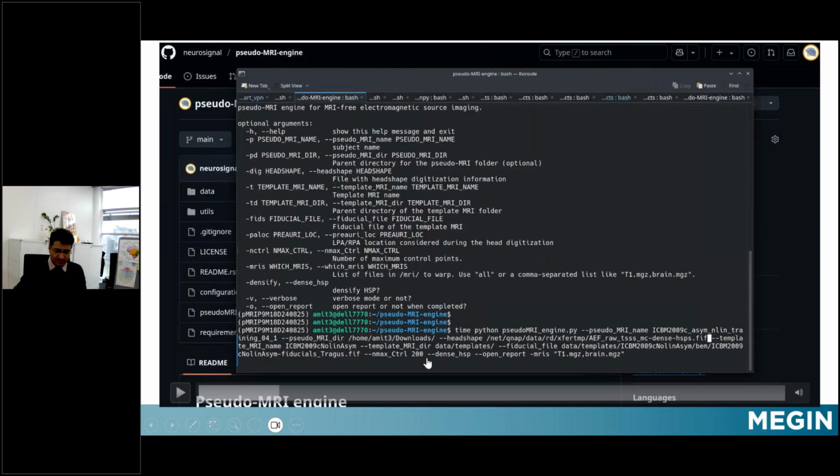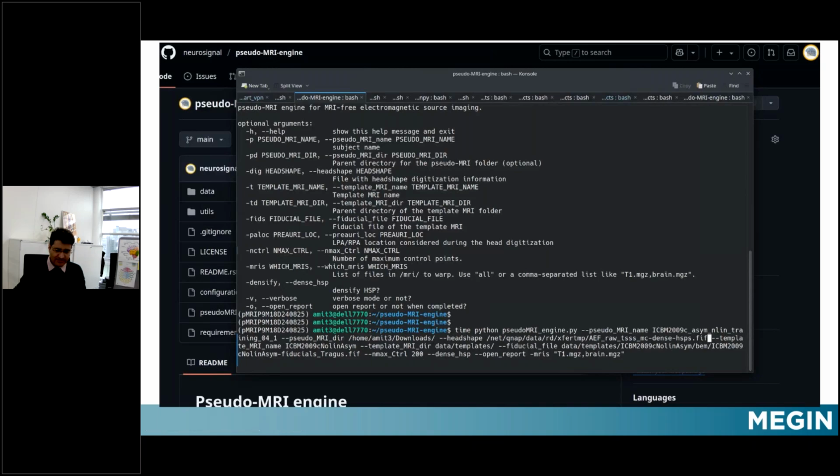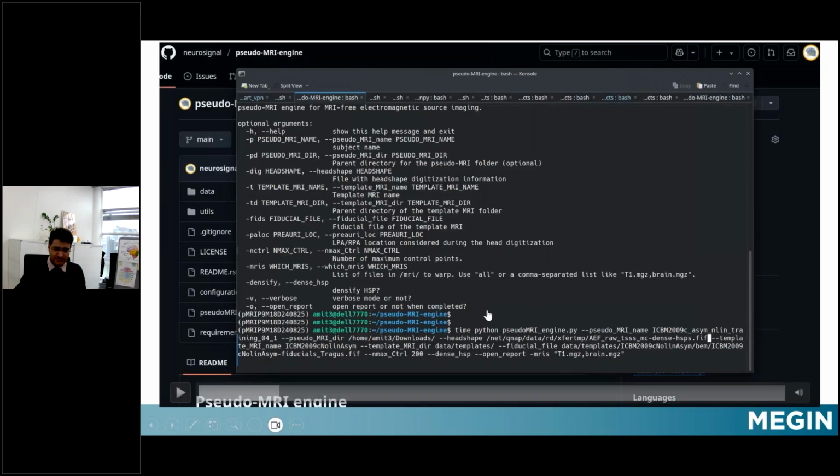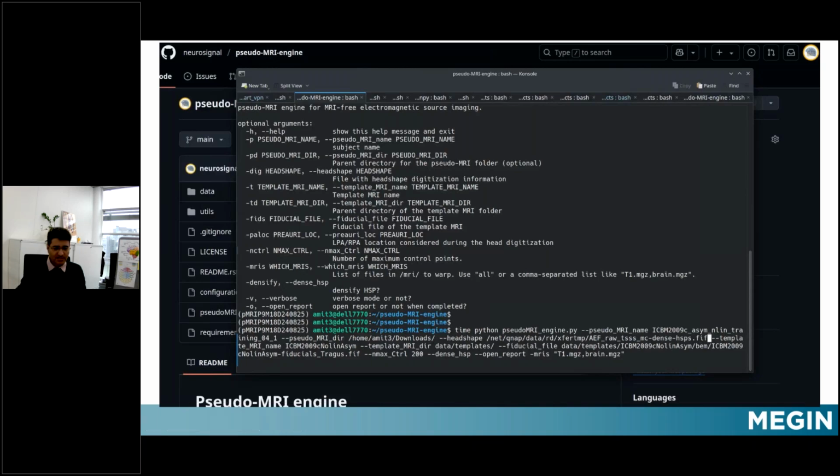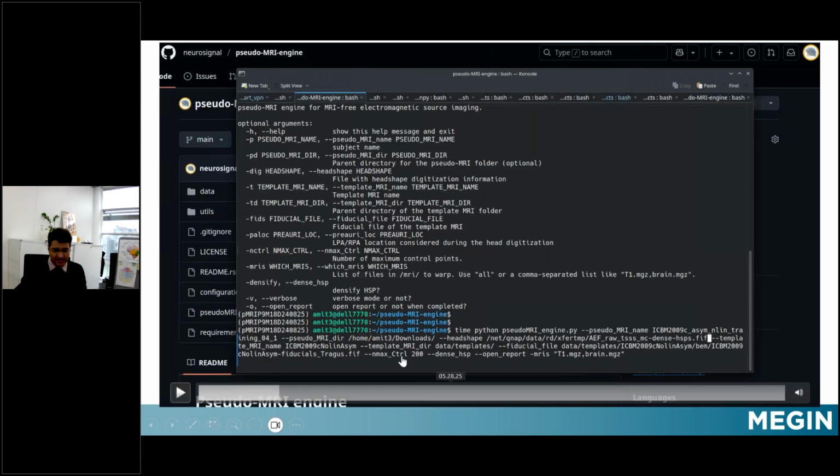Then I control here the number of digitization points because 200 or 150 is more than enough for doing that. If you use a higher number of points, the time taken for computing the transform is higher, so that's why you control it. That is important if you have very dense digitization points.